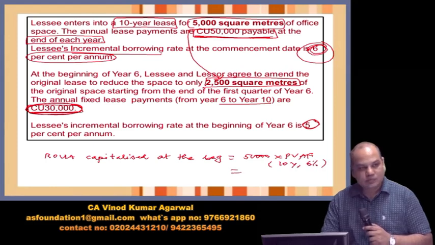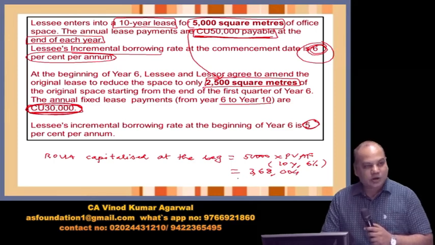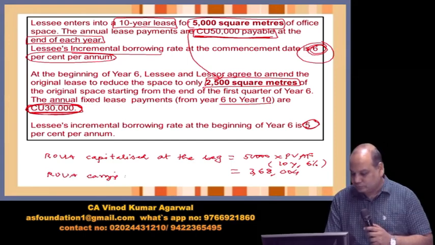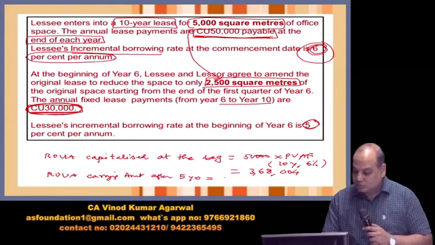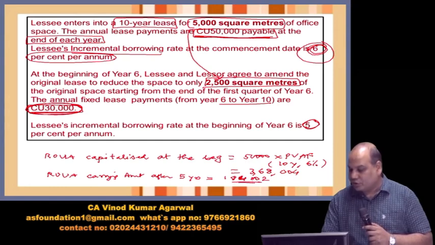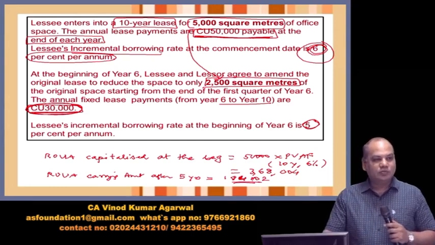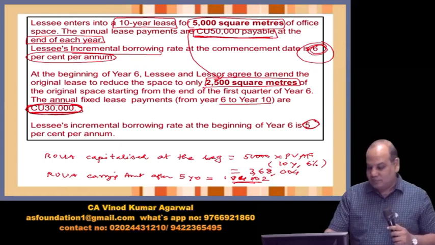How much you said? 3 lakh? 3,68,004. How many years are over? 5 years are over. So what will be the right of use asset carrying amount after 5 years? 5 years are over, means half of it has been depreciated. 1,84,002. This is my carrying amount right now for 5,000 square meter.